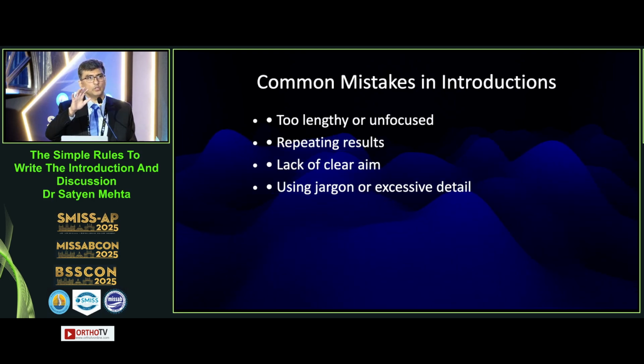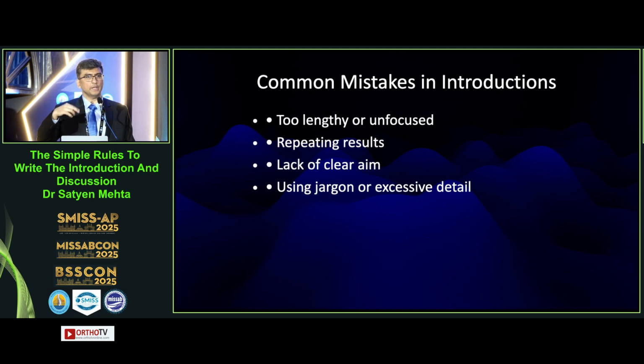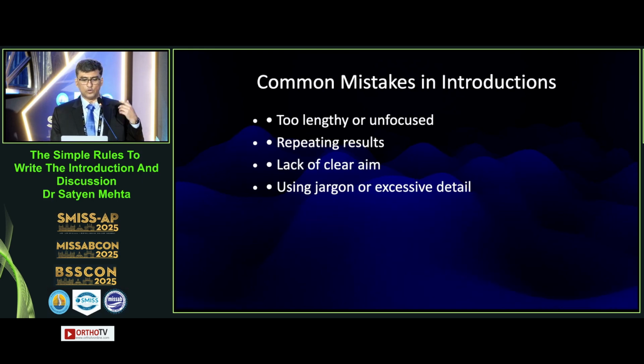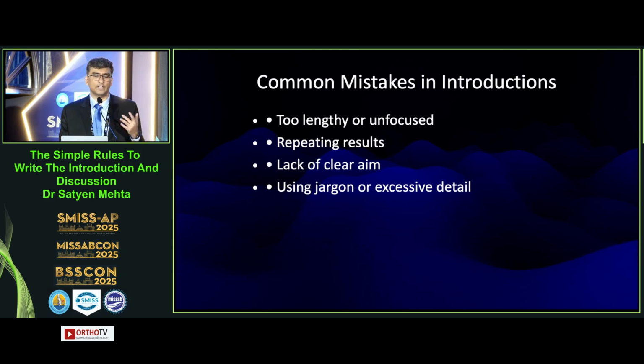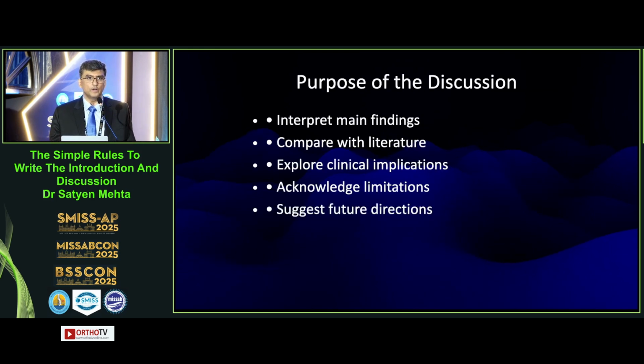You have to know what your study is about, and that has to be very specific. If you give a specific aim of your study, it becomes much more readily acceptable, and there's a higher chance of it getting published. And sometimes we try to use jargon or extra fancy scientific words just to get attention. It doesn't work, because the readers and the reviewers know what you're trying to do.